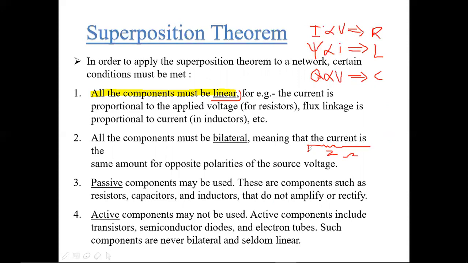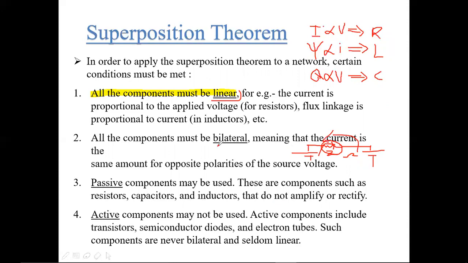Here I am taking one DC battery, and here one more battery. So this resistor is connected between two active sources. You can give the supply like this, or also like this. That is the reason you can name R, L, C as bilateral elements.